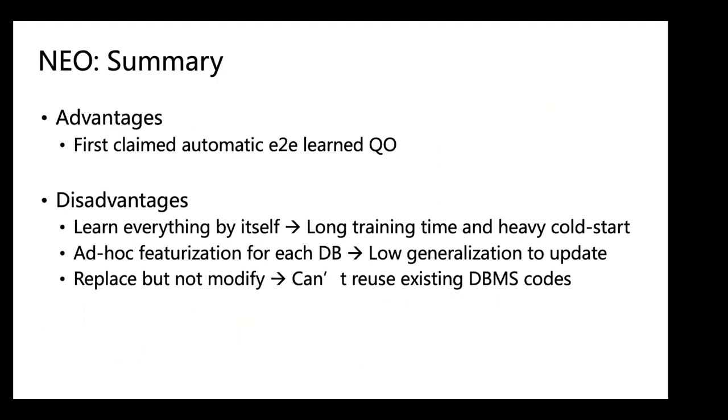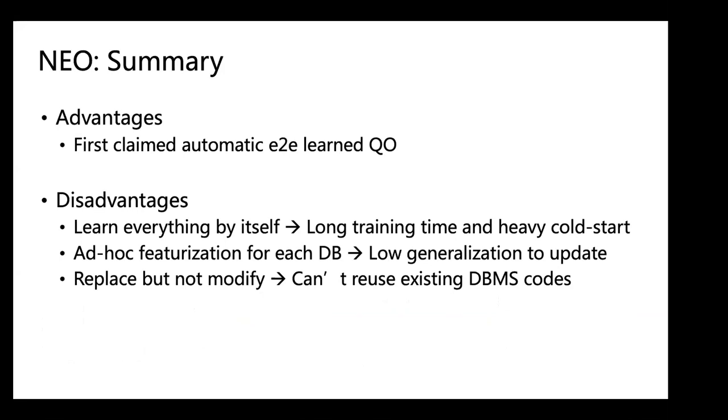Now, its advantage is that it is the first fully automatic end-to-end learned QO, but it also has many disadvantages. First, Neo tries to learn everything by itself using the encoding of the queries to learn the value network. So it has a very, very long training time to converge and a heavy cold start.